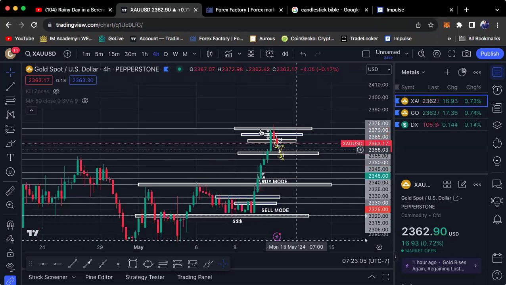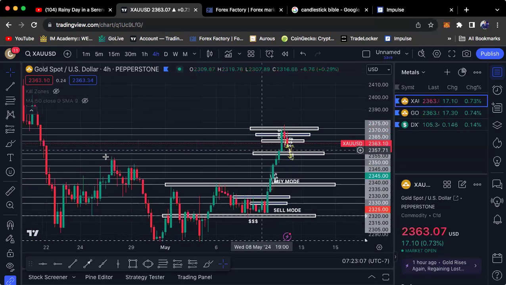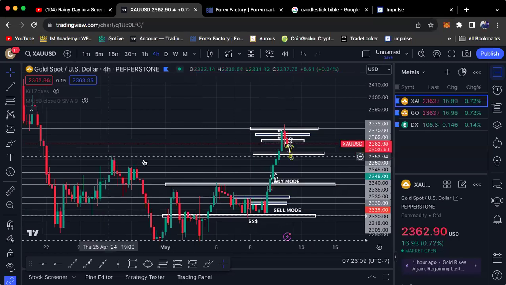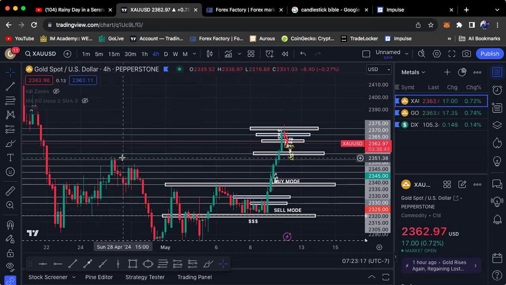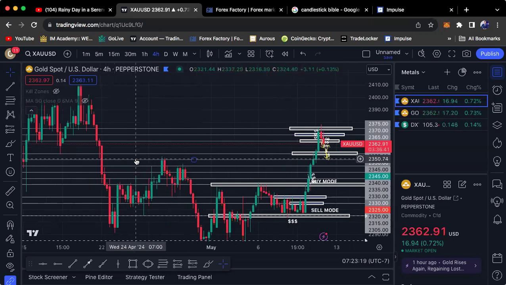But right now, price is pulling back down, potentially to this area here, 23.55, 23.50 area, because of this price action going on here.